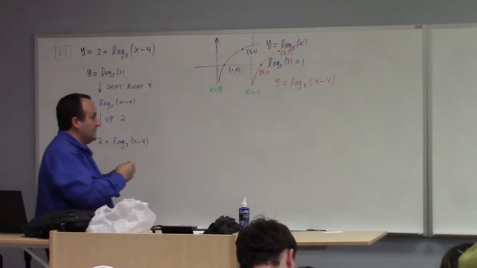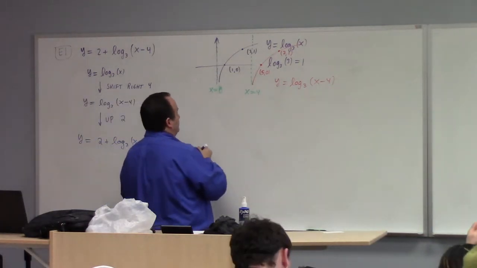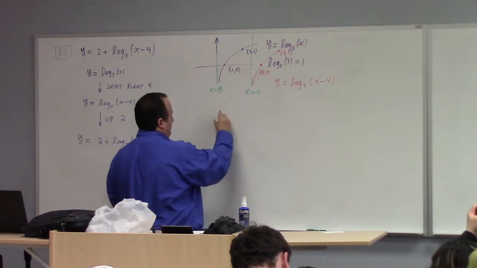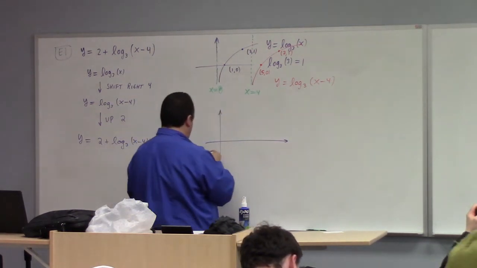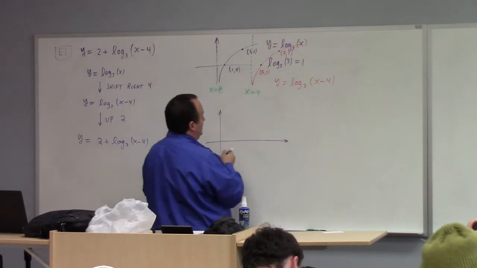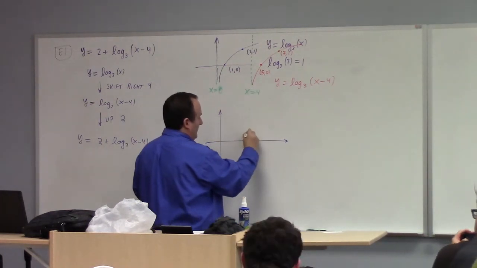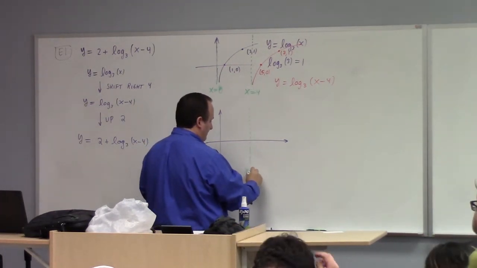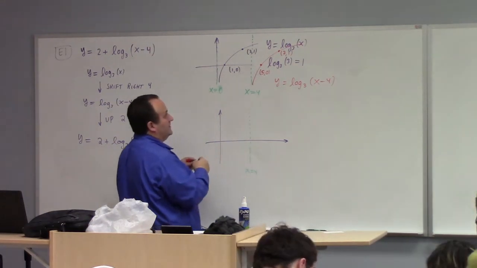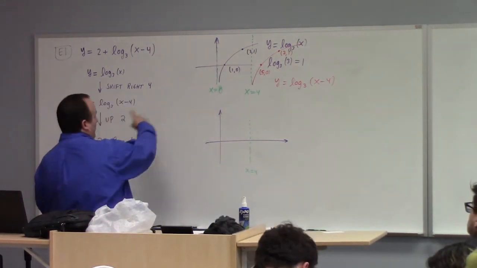That's my graph. So I'll draw the answer down here. My graph is going to have a vertical asymptote at x equals 4. And it includes the points, I'm going up 2, right?